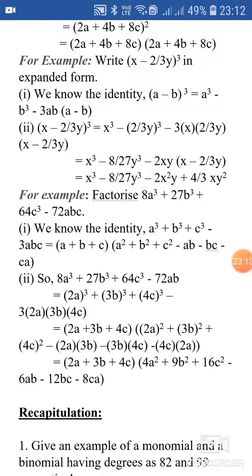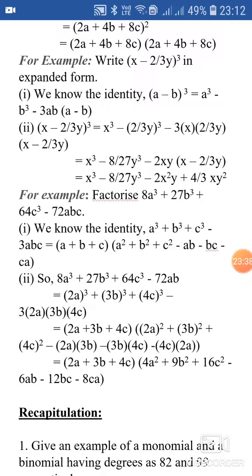This is the left hand side. What will be the right hand side? Remember the identity? It was (a plus b plus c), so that means first term plus second term plus third term, that is (2a plus 3b plus 4c). Then in the second bracket we have first term whole square plus second term whole square plus third term whole square minus ab minus bc minus ca.